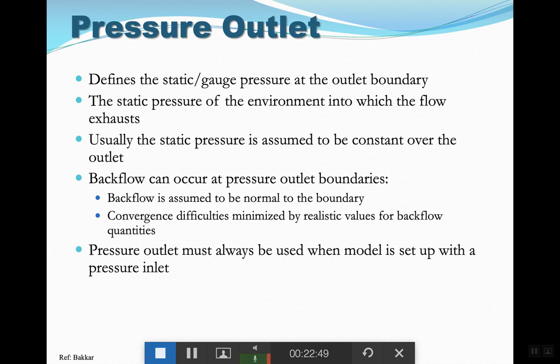For example, imagine you have a flow circulation near the outlet at some point, and some part of that flow circulation causes the flow to come in from the outlet.